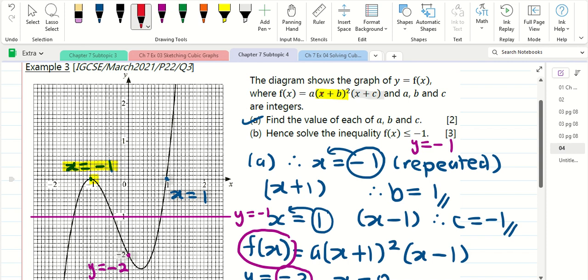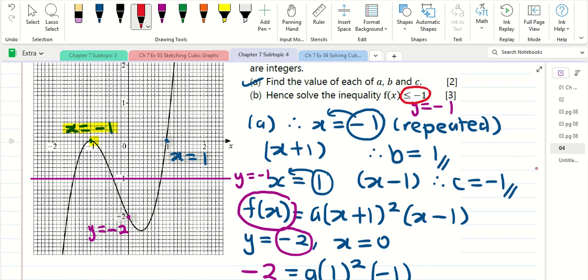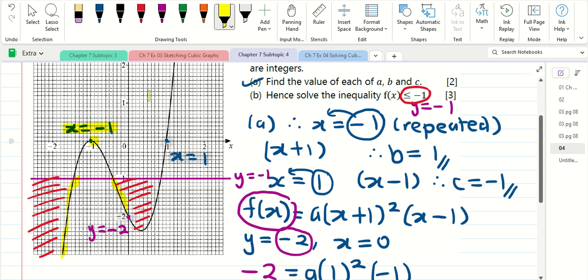So based on the inequality, you want to solve for x where the cubic graph is below y equals negative 1. So this is the region that you have to look for. This one, and also this one. As you learned previously in the previous example, in this case, you have to find two solutions.